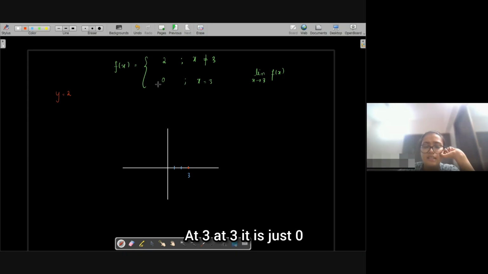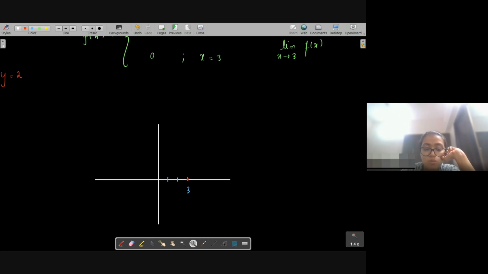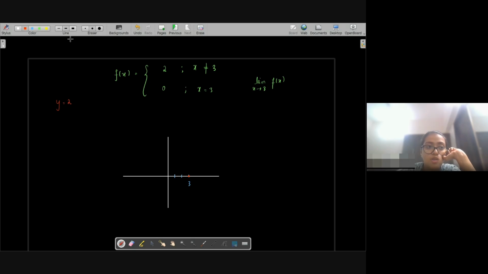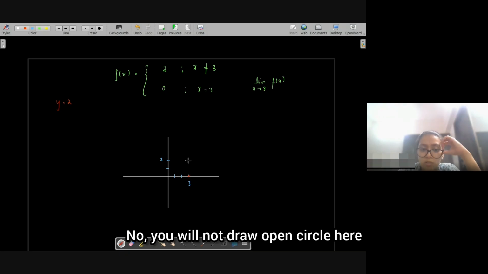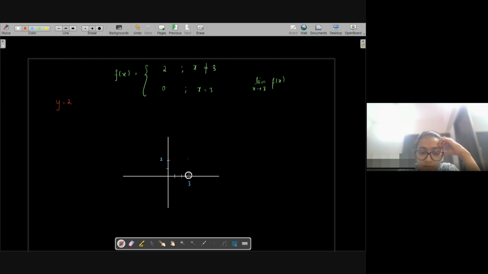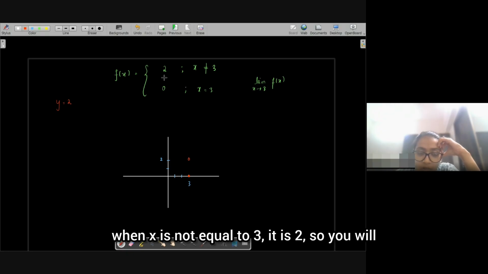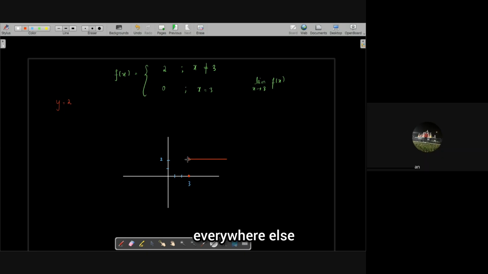Let's say this is 1, this is 2. Now at exactly 3 the value is 0. When x is not equal to 3, it is 2, so you will draw an open circle there and a horizontal line everywhere else.